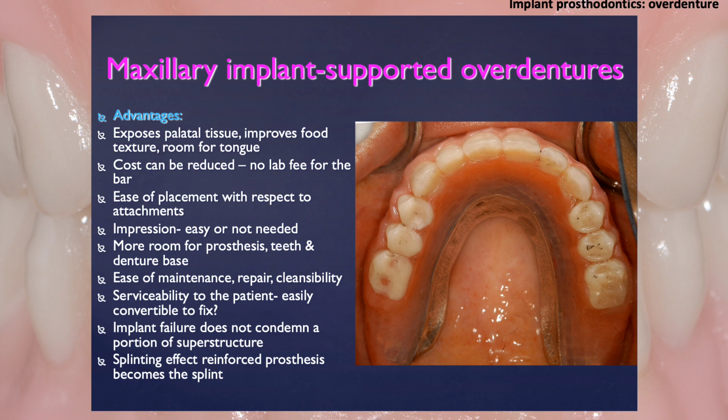One of the major benefits from the patient's perspective is we can take away some of the palatal portion of the denture, and that makes it a lot better in terms of comfort and function. So that's what it means by exposing palatal tissue improves food texture, room for tongue.